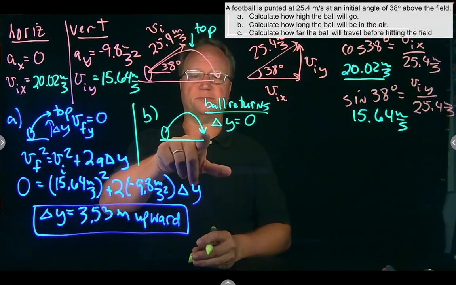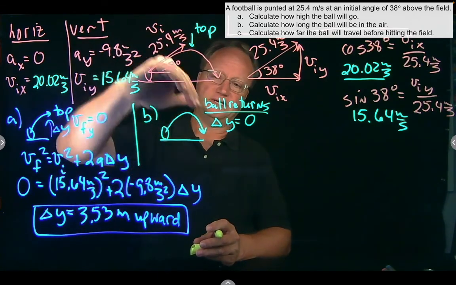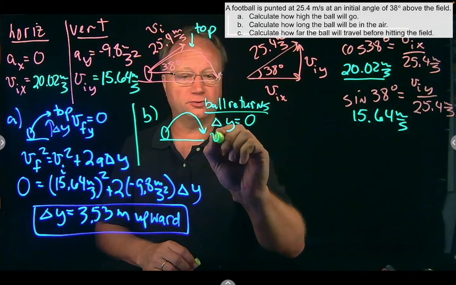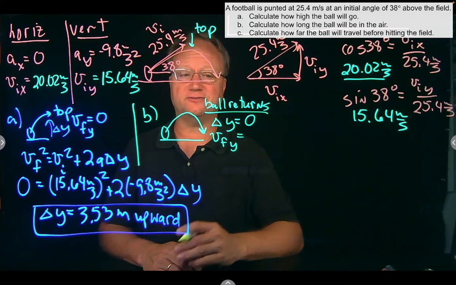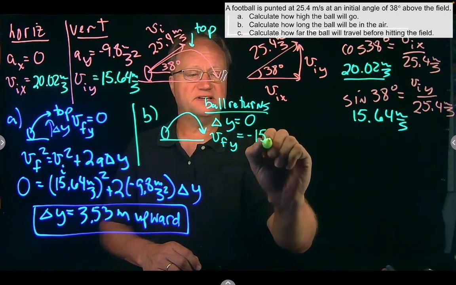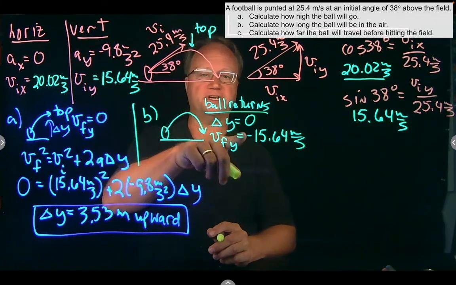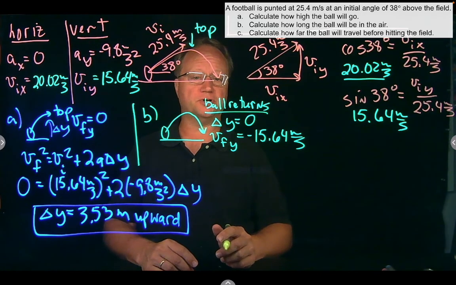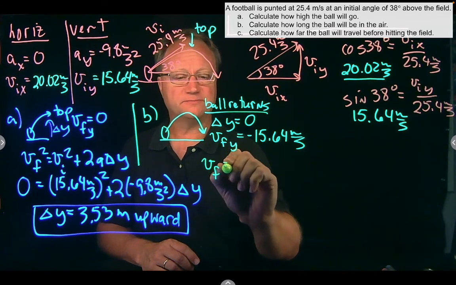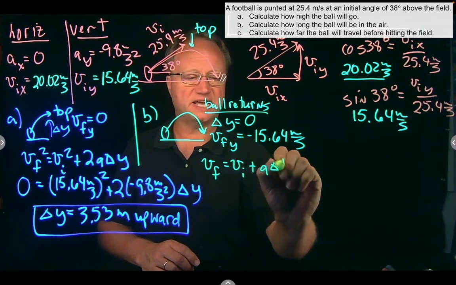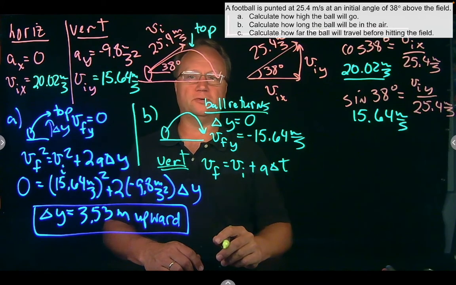When it returns, since this is a parabolic curve, the initial vertical velocity that was upward there is going to exactly match the final vertical velocity the instant before it strikes the ground. However, it's going to be in a negative direction, so then that'll be negative 15.64 meters per second. That gives us more than enough numbers vertically to use the motion equation and calculate time. So I'm going to use the motion equation VF equals VI plus A delta T, remembering that this is only using vertical numbers.